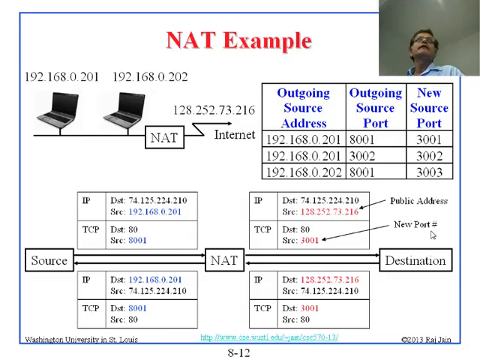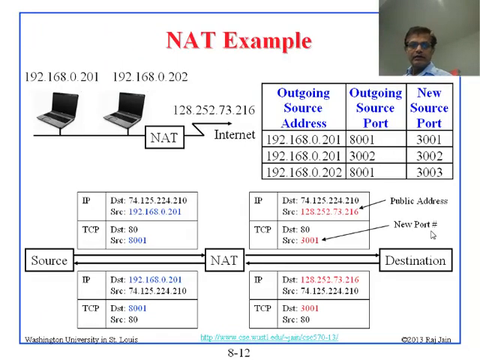You see? So the NAT is totally hidden. In that sense, it is a service that it is giving, and that service is to use a single IP address. So basically, this is how the NAT works.